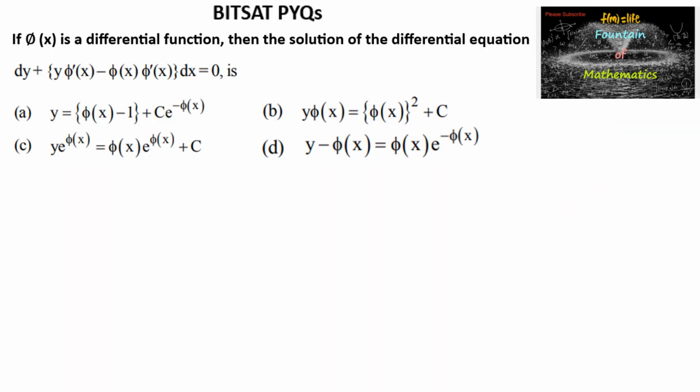Given that pi of x is a differentiable function and the solution of the differential equation dy plus y into pi dash of x minus pi of x into pi dash of x dx is equal to 0.